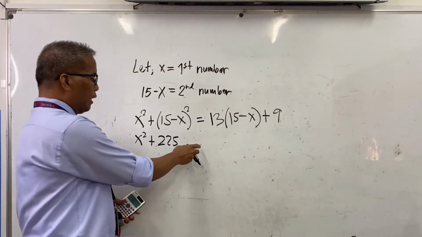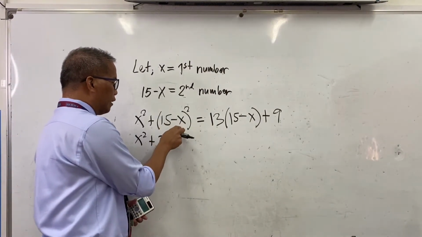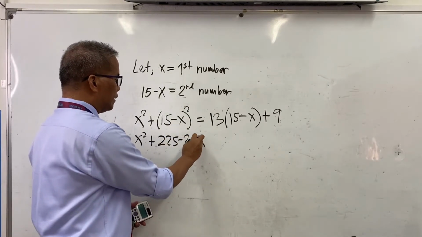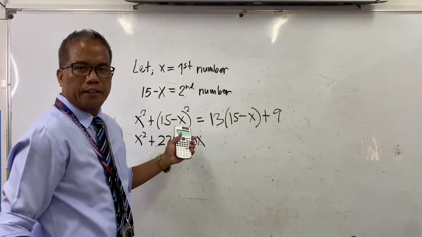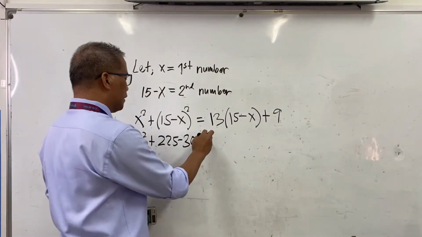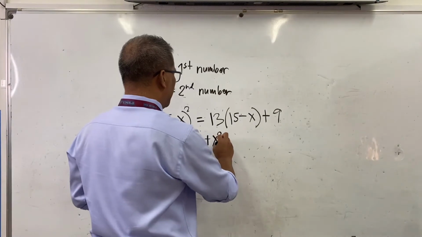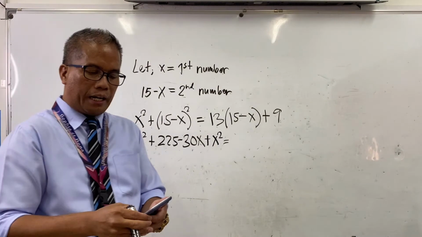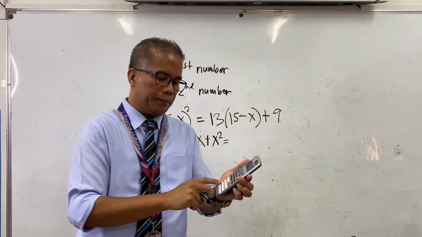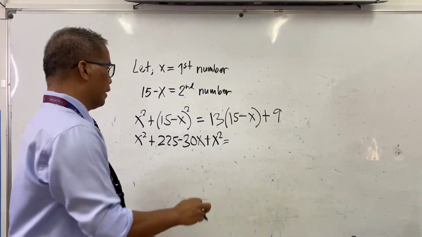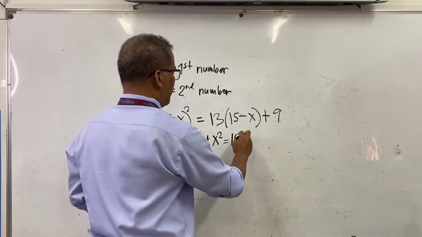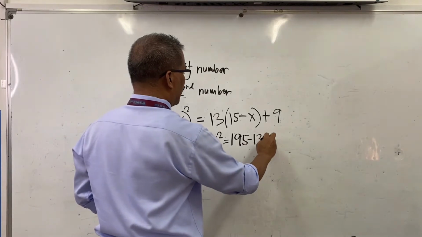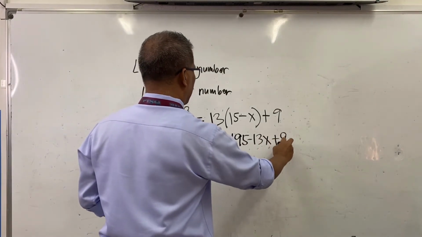Then to find the middle term, multiply 15 times negative x times 2 equals negative 30x. The negative x raised to the second power equals positive x squared, is equal to 13 times 15. So the answer now is 195. Then minus 13x, then plus 9.